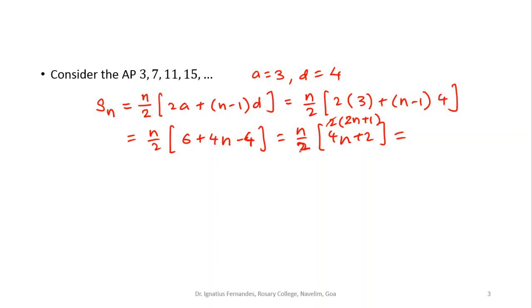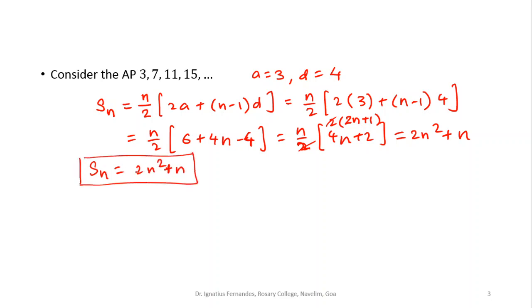This 2 will cancel with the n upon 2, and then n into 2n will give you 2n square, plus n into 1 will give you n. So this is the sum of the first n terms: Sn equals 2n square plus n for this arithmetic progression.